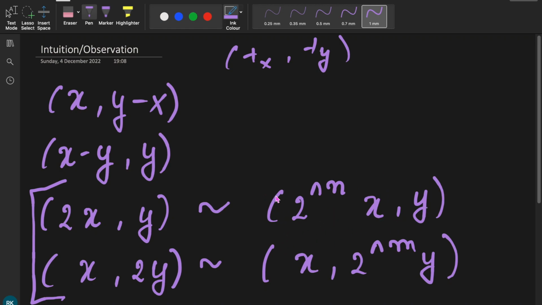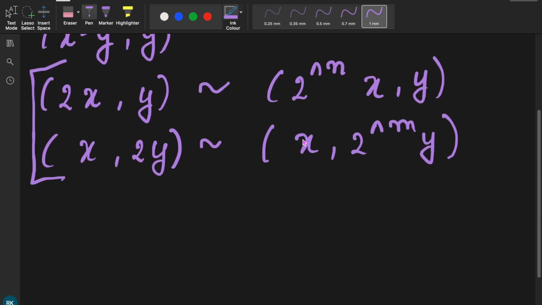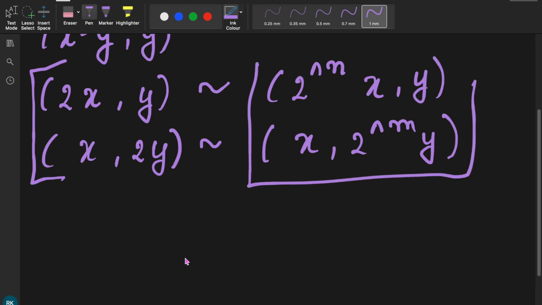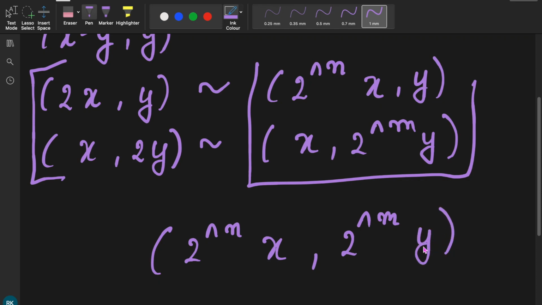And if we think more about it, these two steps can be coupled together and can be written as 2 to the power n x comma 2 to the power m y. So how did we reach here?